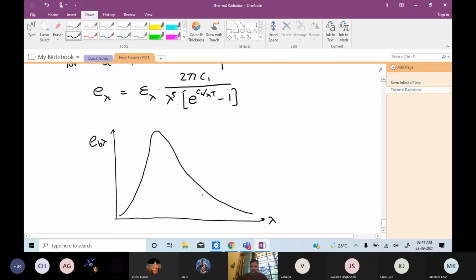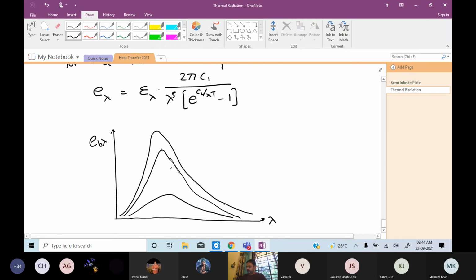We have seen this before. If we plot it for another temperature, this is how it looks. If you plotted some other temperature, this is how it looks.